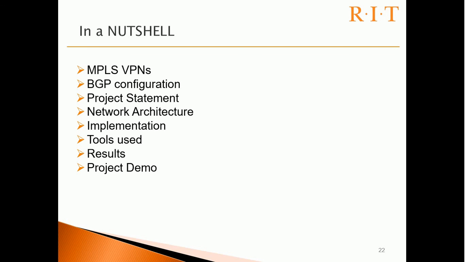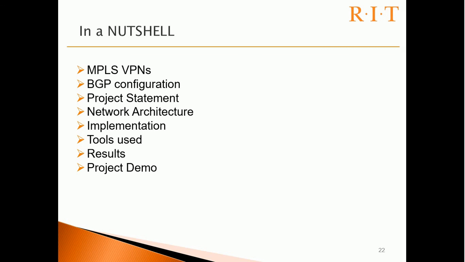And in a nutshell, the presentation has covered various technologies and the advantages of the technologies used in this project, such as MPLS VPNs and BGP configuration, and the project statement is stated.